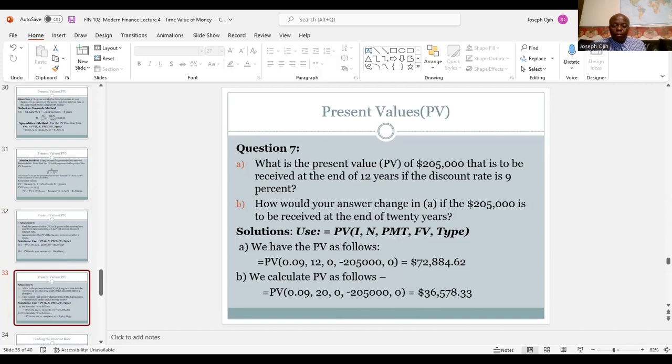Okay. Let's see. I'm going to remove all this. Okay, so I have interest is 9%, 0.09.